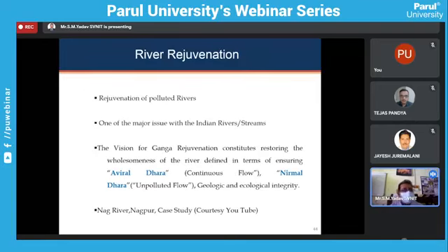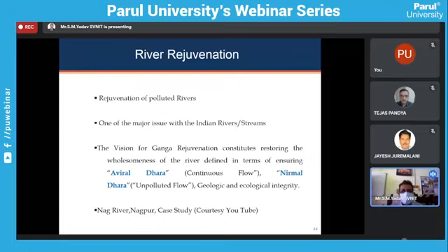Another important area where the water resources engineer can work is river rejuvenation, specifically rejuvenation of polluted rivers, and this is one of the major areas for India and Indian rivers and streams.